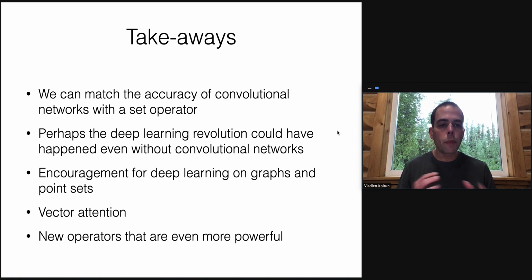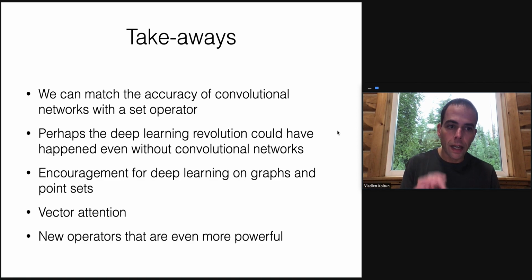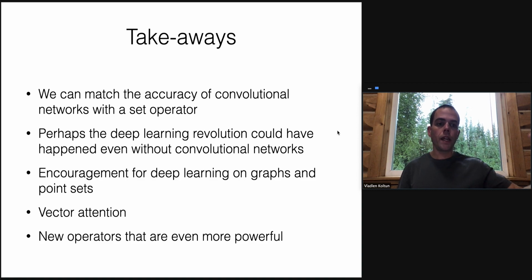This suggests that there is basically a scenario in which convolutional networks would not have been invented, but the deep learning revolution proceeds nonetheless. And we reach the levels of performance that we are observing in computer vision today, even without convolutional networks and without convolution. Now, this is not the world we live in, and this is not the history that occurred.